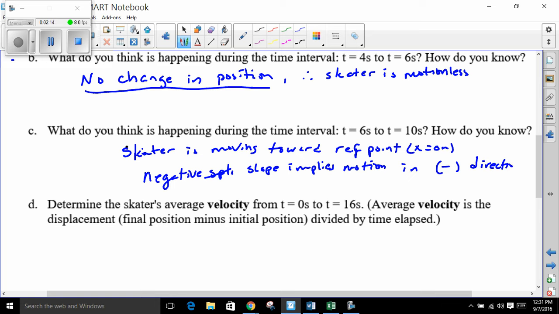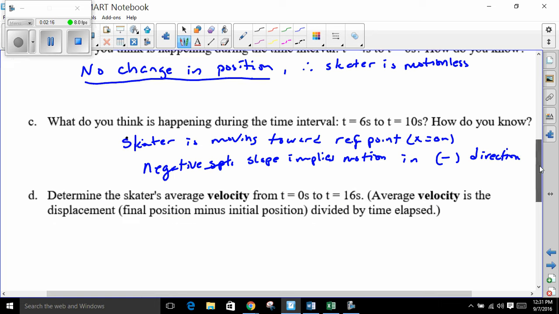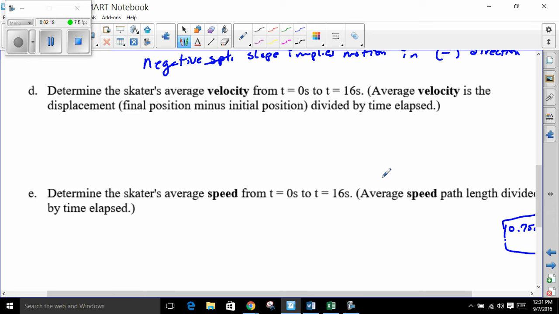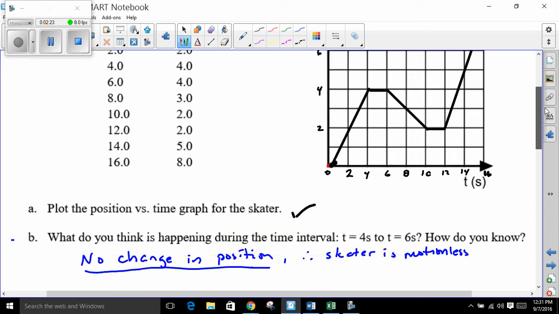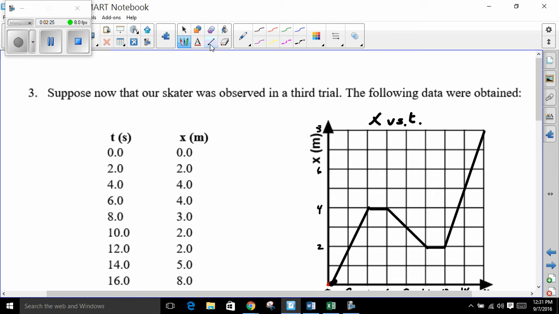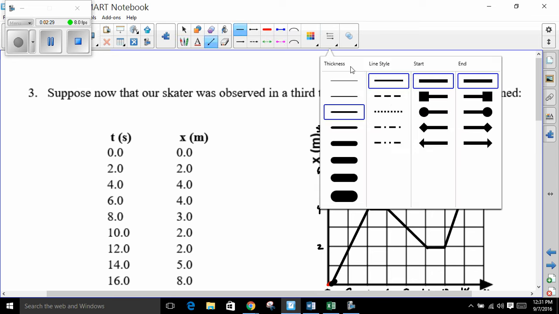We then want to determine the skater's average velocity from 0 to 16 seconds. If we did this graphically, I came up here and I put in a line to show this.